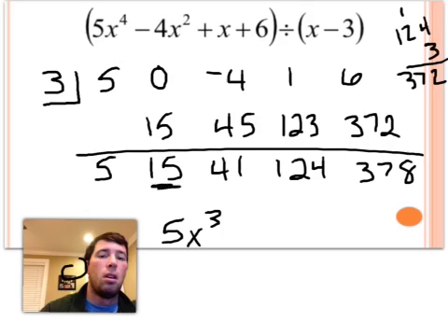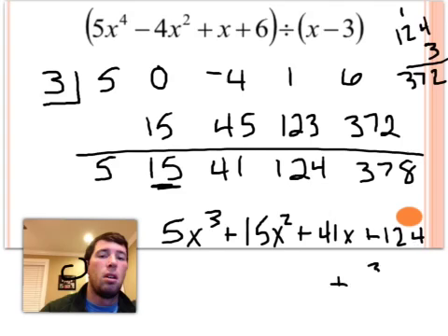And then we go 15, so that's a plus 15x squared, and then plus 41x, and plus, I'm going to run out of space, but that's okay, 124, and then plus 378 over x minus 3. Alright? So that's your final answer for that one.